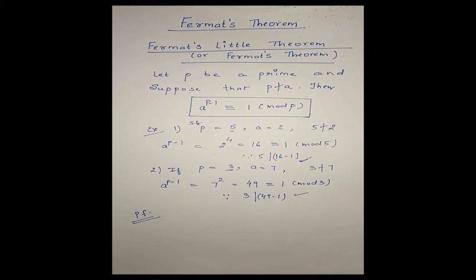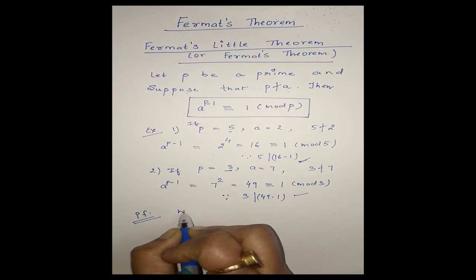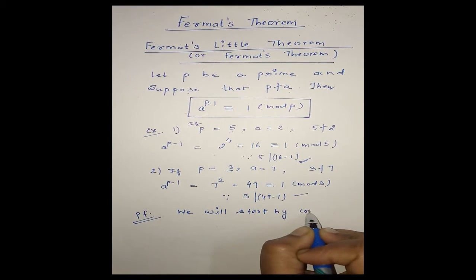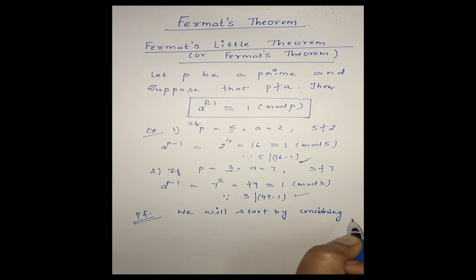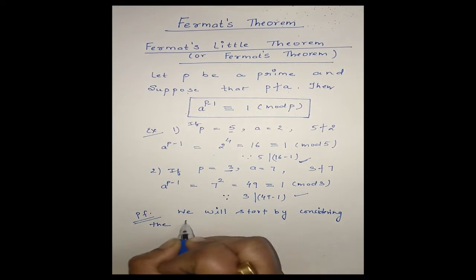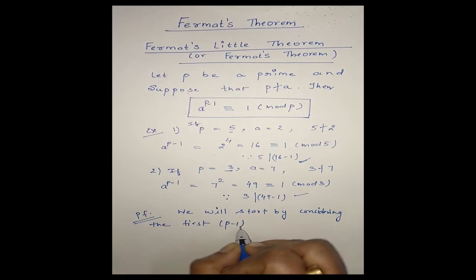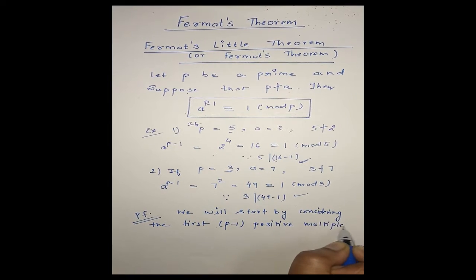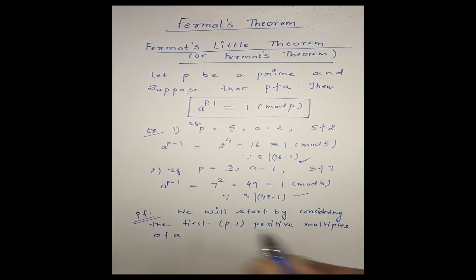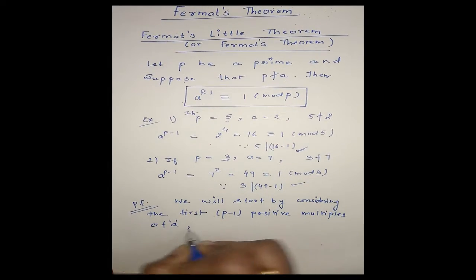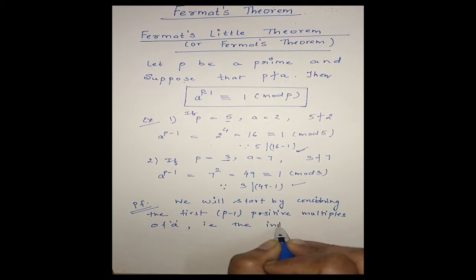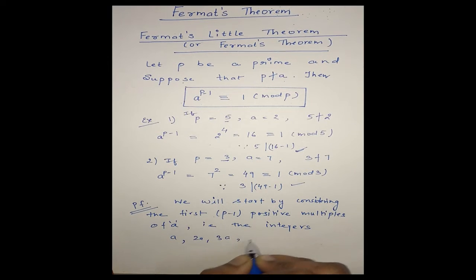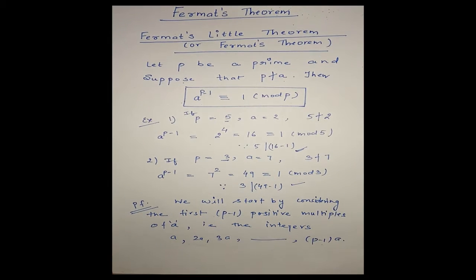Now we come to the proof of the theorem. We will start by considering the first P minus 1 positive multiples of A, that is the integers A, 2A, 3A up to P minus 1 times A. Clear?